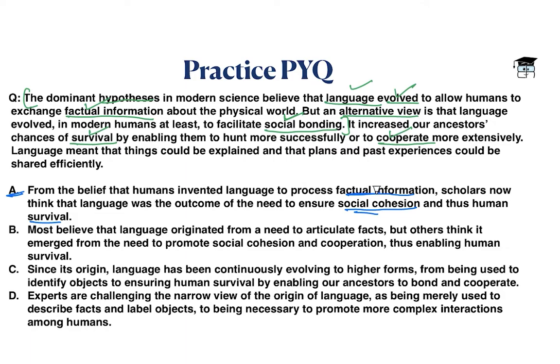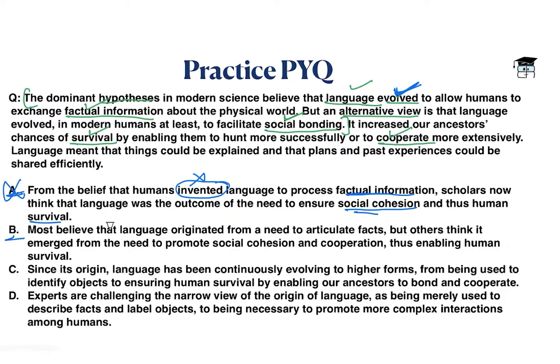The fourth keyword is not present. Also, a modification has been done. If you check out the first line of the paragraph, it says language evolved. Humans did not invent the language, they evolved the language, right? So modification and alteration has been done. That means it cannot be my summary.